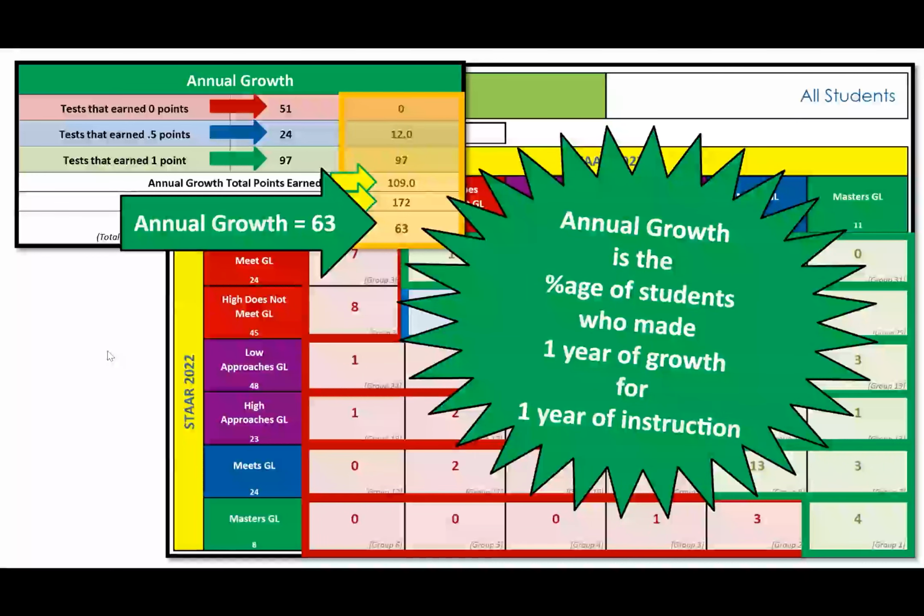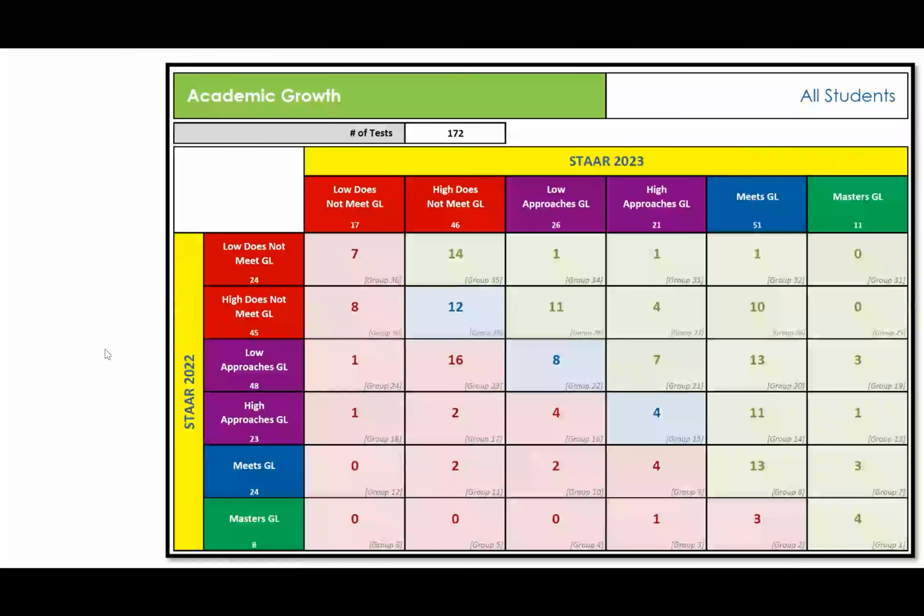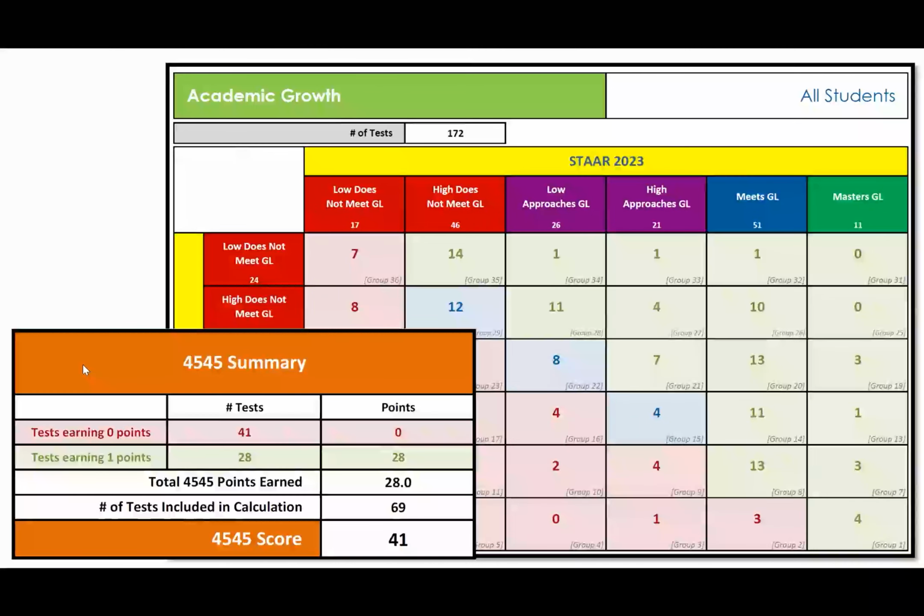The second component to our academic growth calculation this year is going to be our House Bill 4545 performance. This is new for us in our accountability system. To calculate this House Bill 4545 summary, TEA is going to use this annual growth chart that we just took a look at, and they're going to focus on just those first 2 rows, the students who did not meet performance on the assessment.